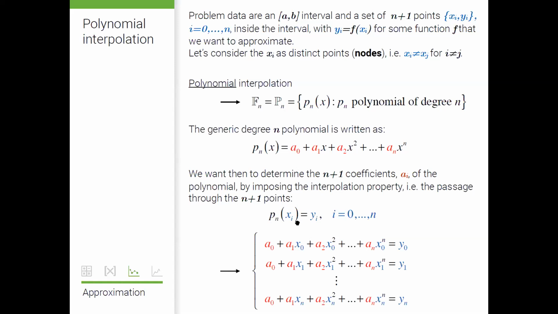So we have here a system of equations. How many equations do we get? n plus 1 equations, of course, because we begin from 0 till n. It will be n plus 1 equations here. And now we get this system.